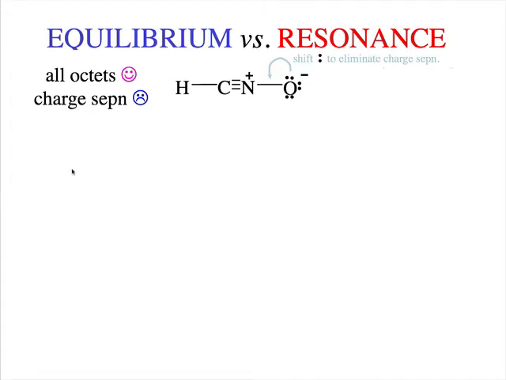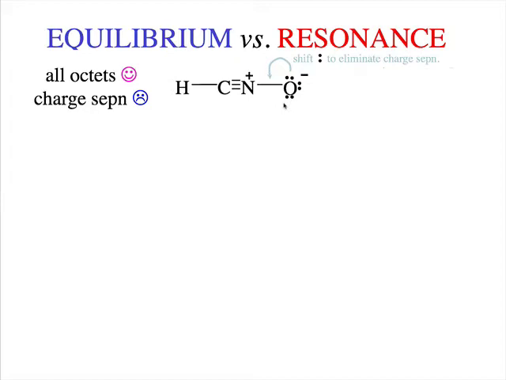So if by some means we could take one of these lone pairs and turn it into a bond, moving it from being purely in oxygen's domain to being shared between oxygen and nitrogen, then oxygen would have 2 lone pairs left over and 2 bonds, and therefore it would be neutral. So by shifting this lone pair to make it into a bond, we can fix that negative charge on oxygen.